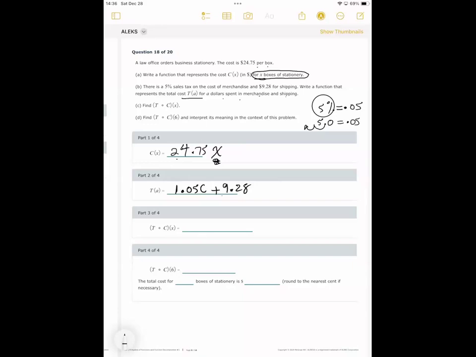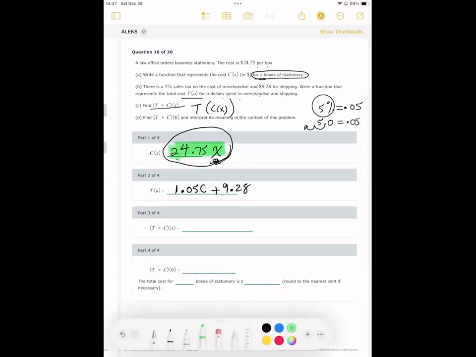Then it says find T of C of x. So they want you to substitute, T of C of x. That means take this C of x and substitute it here.